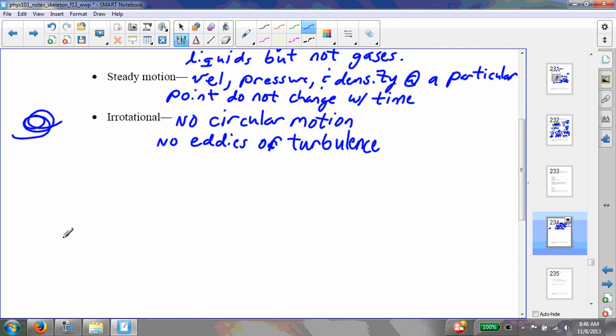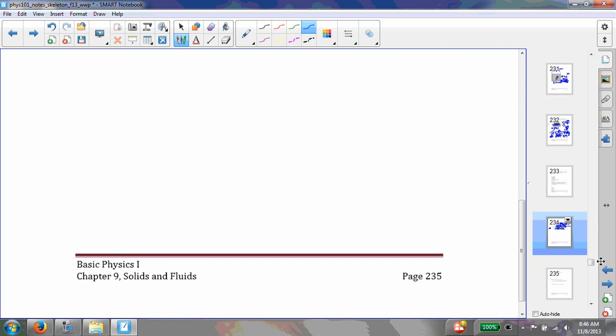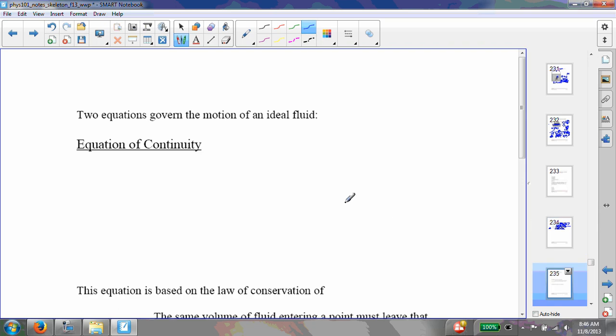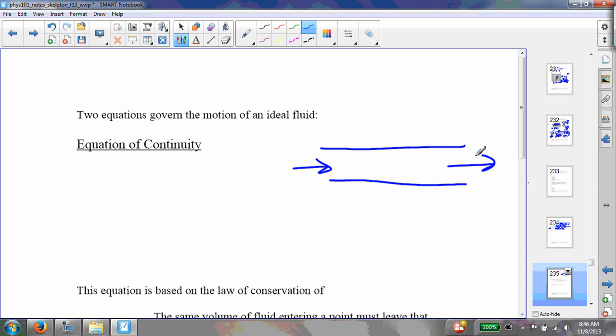There are a couple of things that we're going to account for or look at. The first is the equation of continuity. We'll look at two different equations. The equation of continuity says, let me just say it in words first, that if you have a certain amount of fluid coming into a pipe, then you have that same amount of fluid coming out.